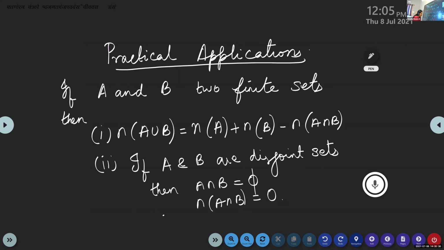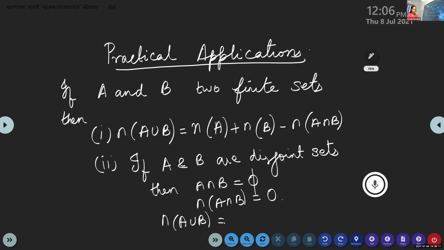So in this case, what will be n of A union B, Sanjana? Okay, this first formula. Sanjana, can you try this one? N of A union B will be equal to? Okay. Can you try?